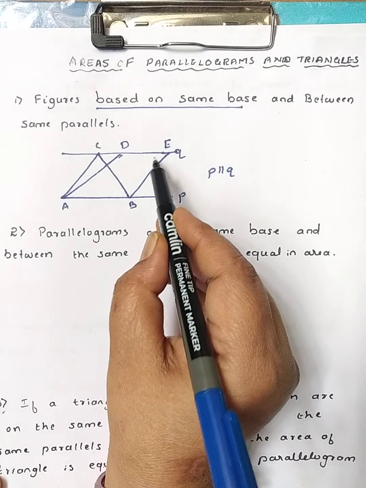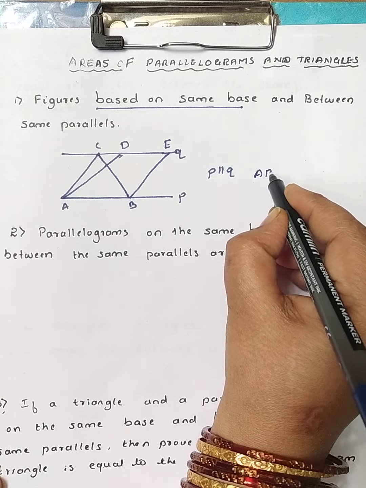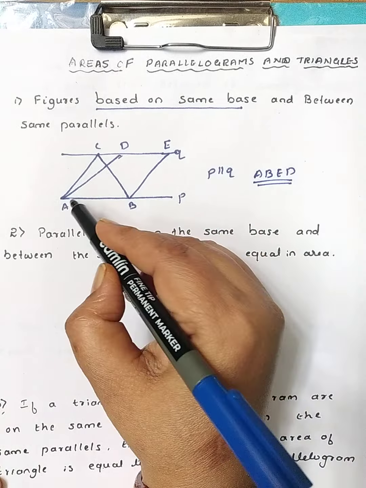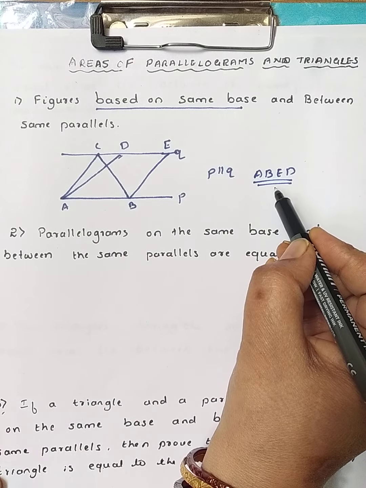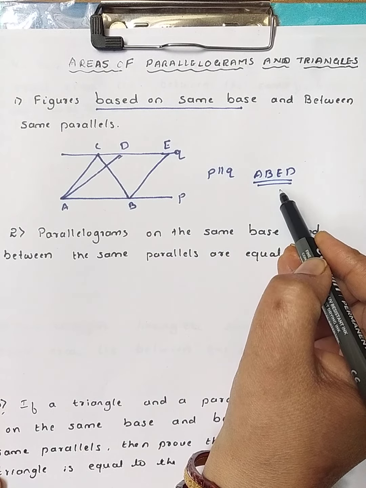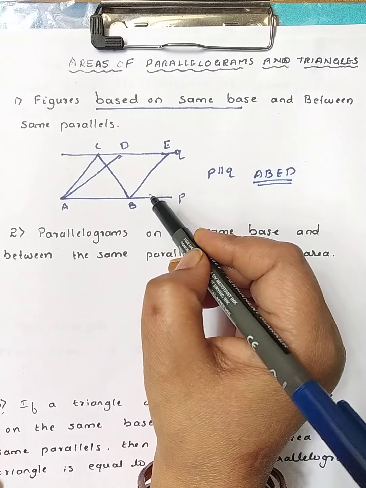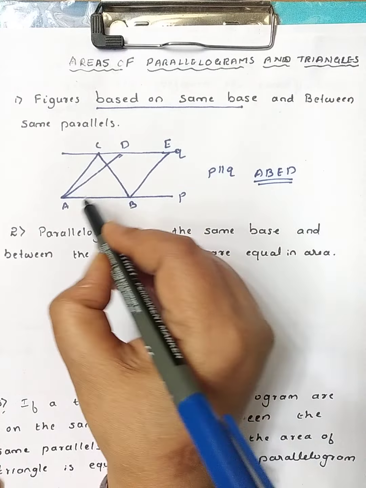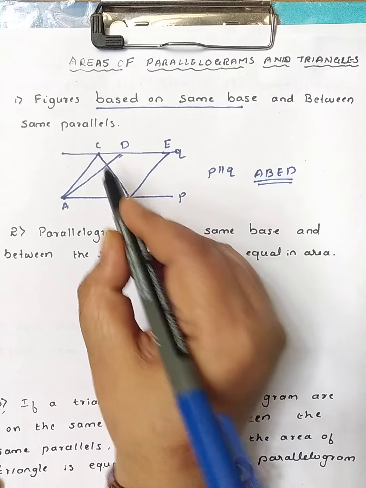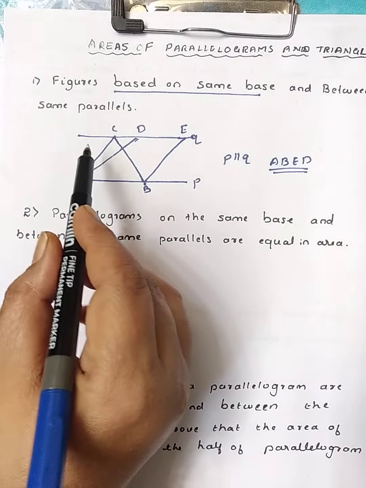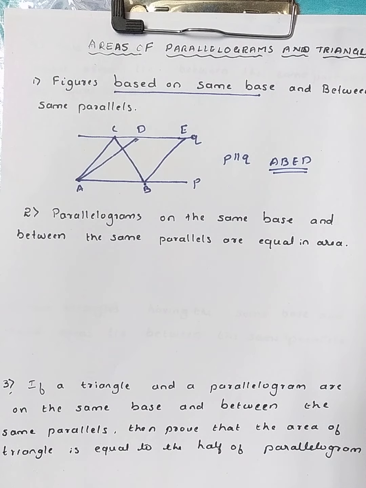ABED is a parallelogram here, and ABC is the triangle here. So such figures are said to be figures on the same base and between the same parallels. So this is the first concept.